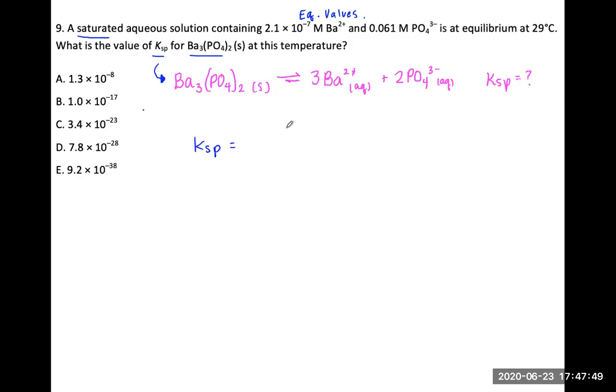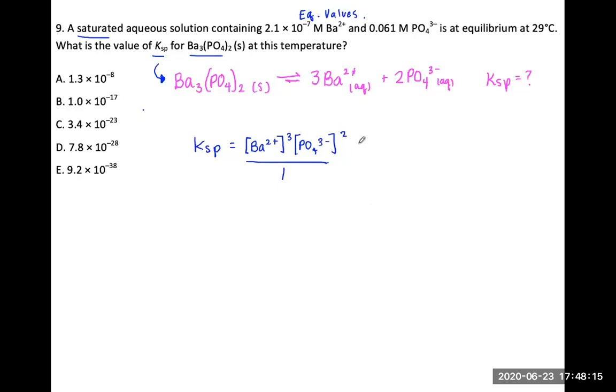And what we're going to have are aqueous products to the power of their coefficients multiplied together, divided by reactants. And here, our reactant's just a solid, so we'll just call it 1.